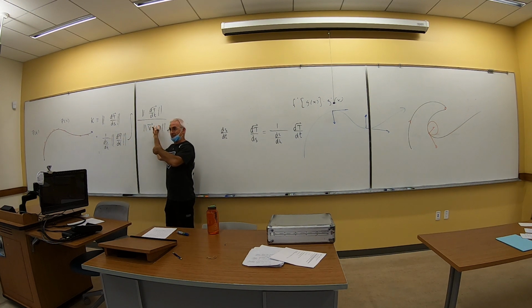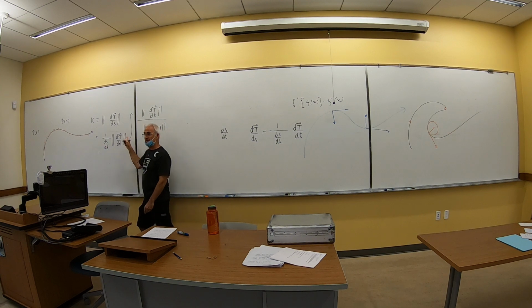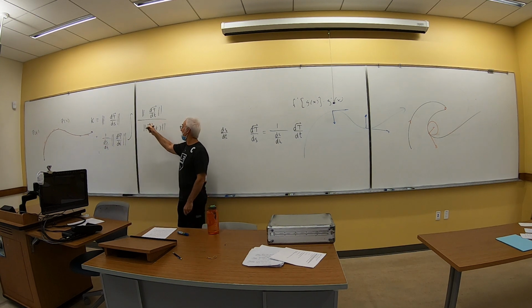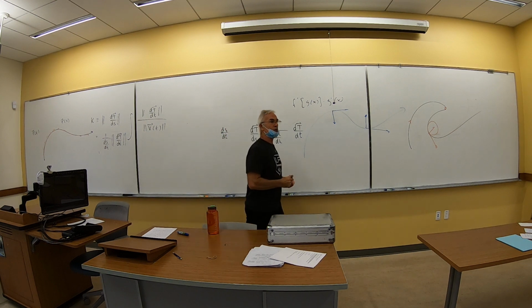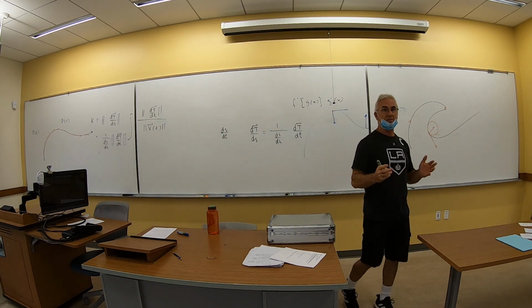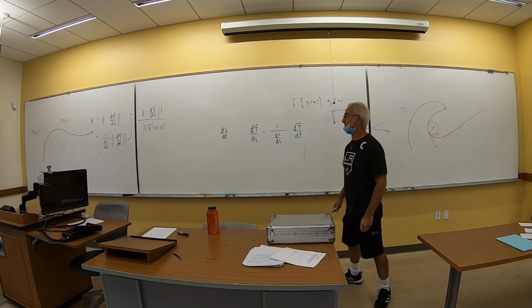You're going to do this. If I'm given the speed, then it's 1 over the speed times this magnitude, which is the same as just writing it this way. I can put these in a quotient because these are both magnitudes. Curvature could only be 0 if I'm moving on a line. That's a simple rule.